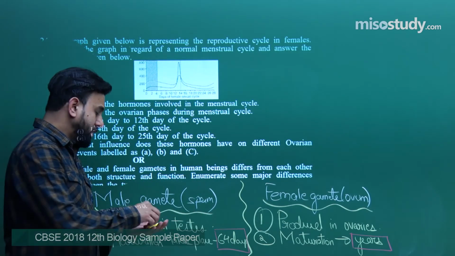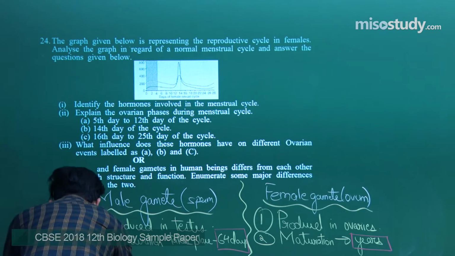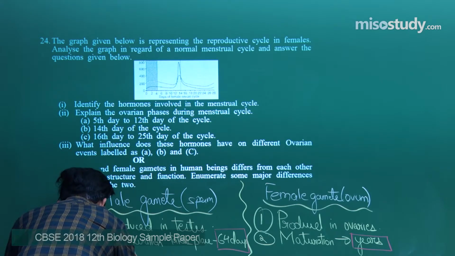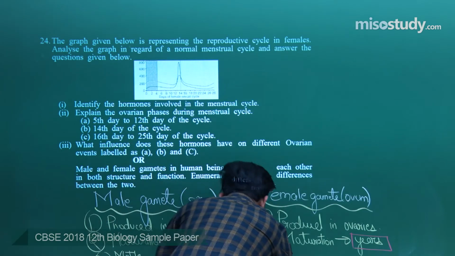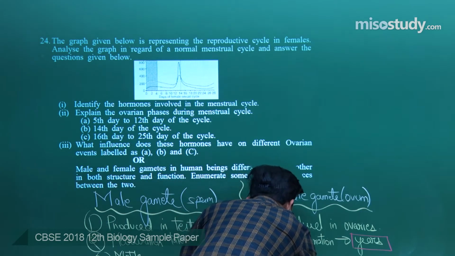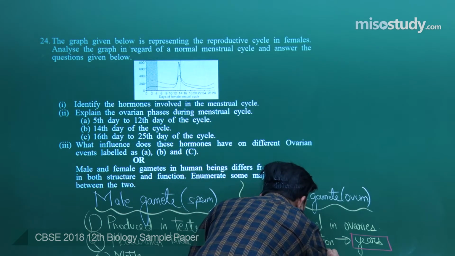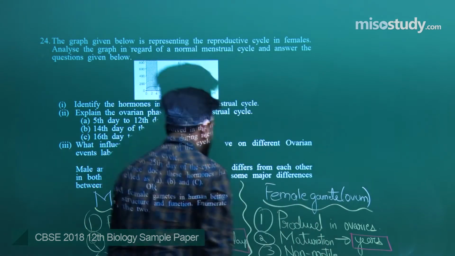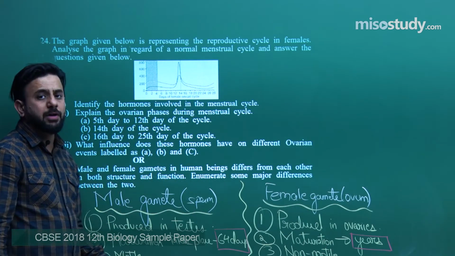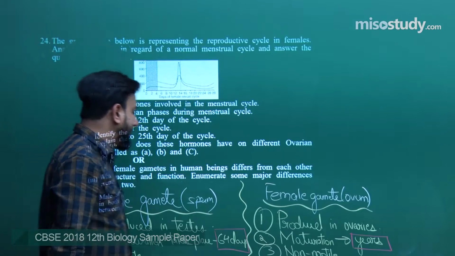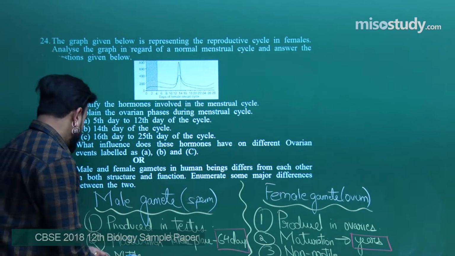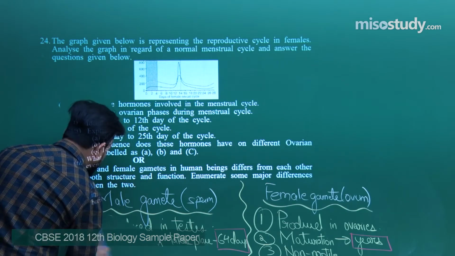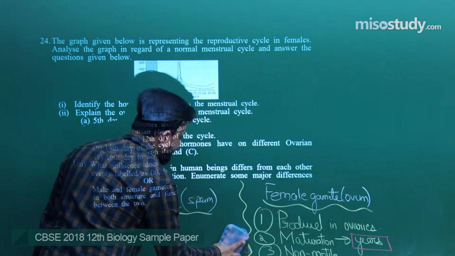The next, this will be motile, and this one will be non-motile. The male gamete or the sperm will be motile, and the female gamete, okay, I think you cannot see this, so I'll write it down again here. Okay, the third point I'll write down again.